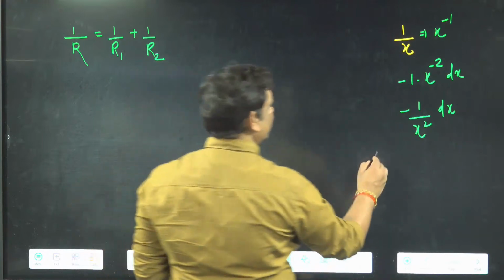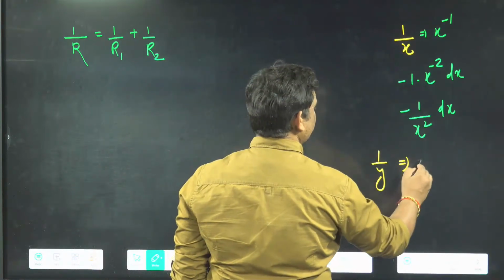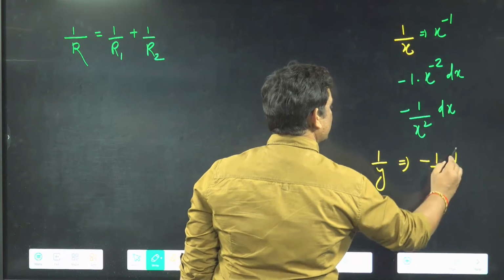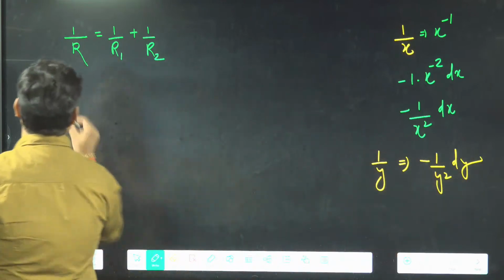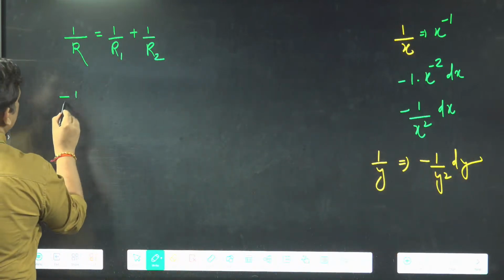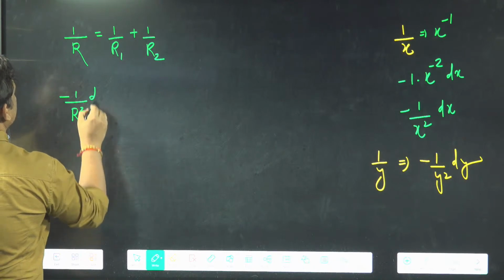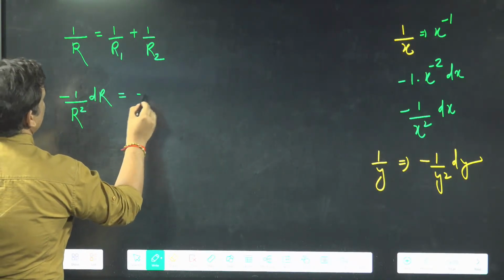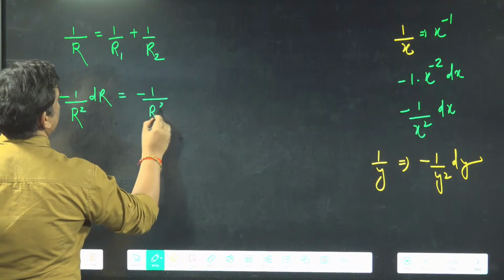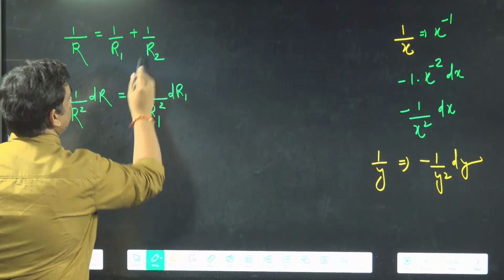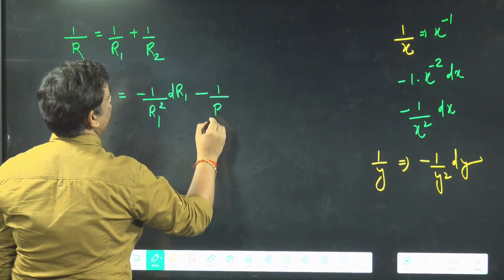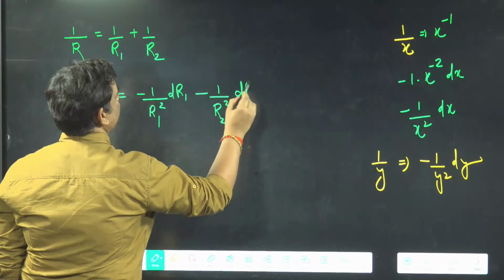What about y? 1 by y will be minus 1 by y square into dy. So here we can write minus 1 by r square into dr, equal to minus 1 by r1 square into dr1, and for 1 by r2, minus 1 by r2 square into dr2.